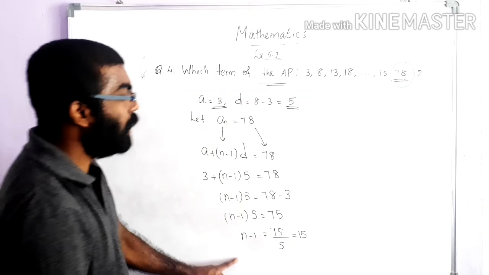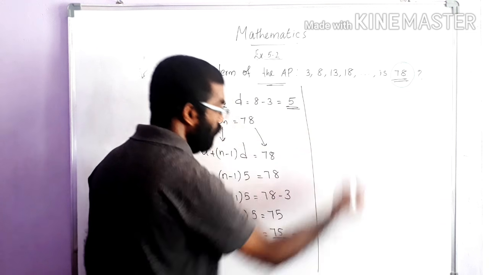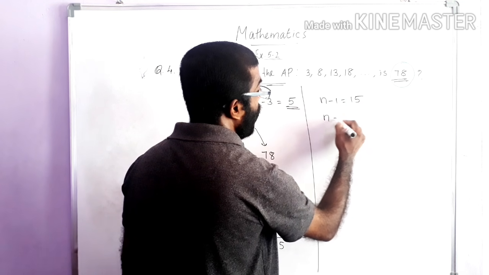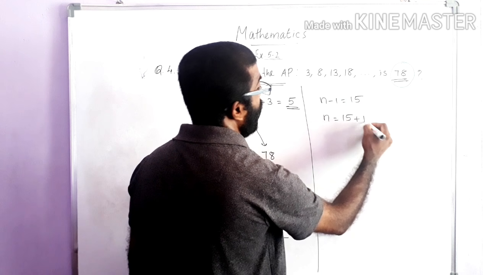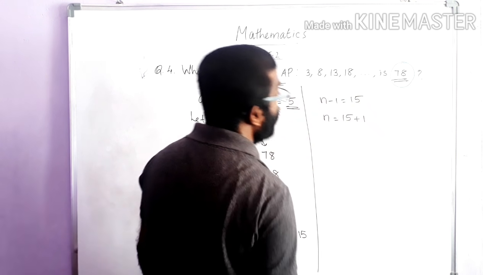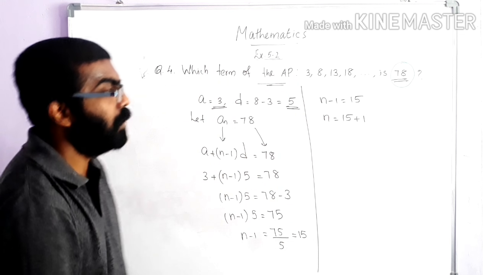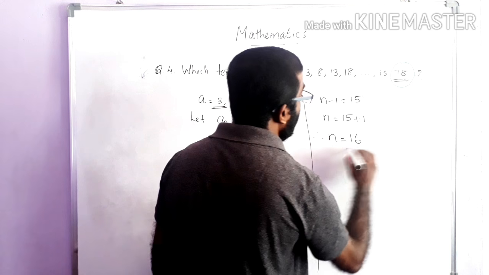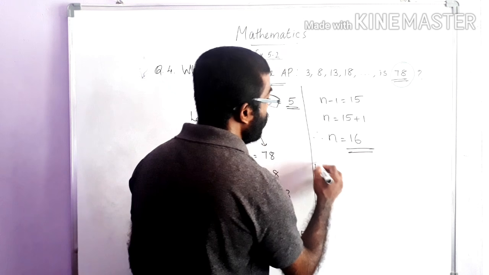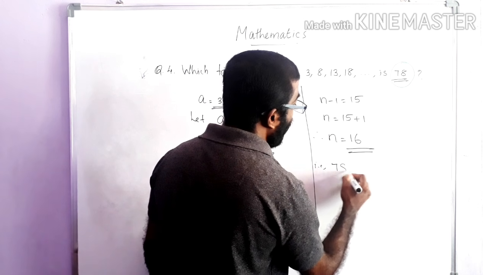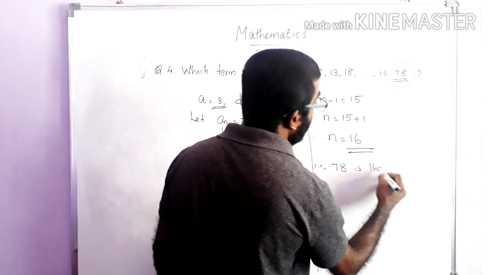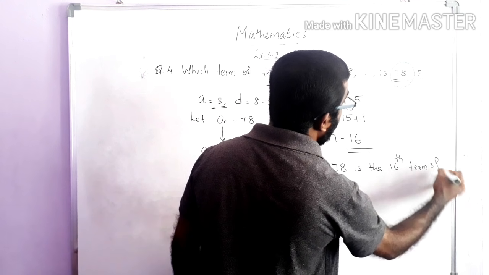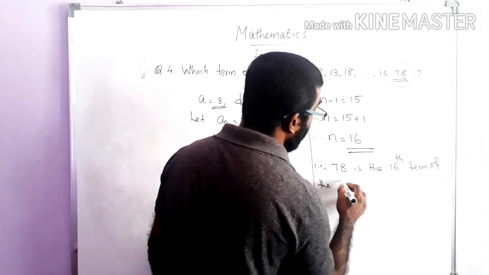That is, n minus 1 is equal to 15 and n is equal to 15 plus 1. This minus 1 goes to the right side, it becomes plus 1. So 15 plus 1 is 16. Therefore n is equal to 16. That means 78 is the 16th term of the given AP.